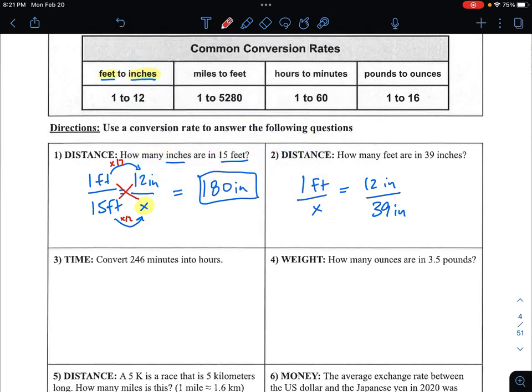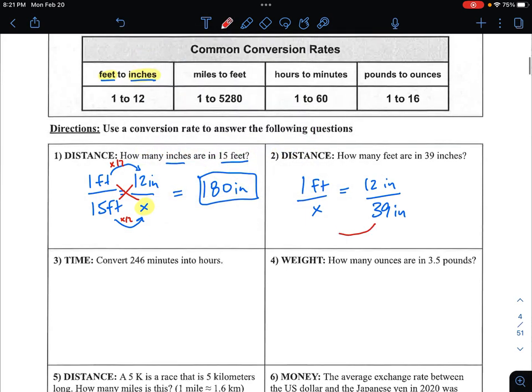So I'm trying to go from here to here. How do I get from 39 to my mystery number? Well, how do I get from 12 to 1? Using multiplication or division. Well, 12 divided by 12 equals 1. So you take 39 and you divide by 12 as well.